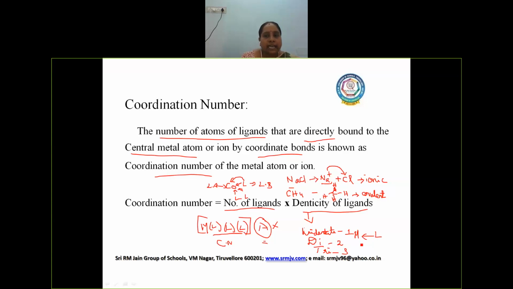If the ligand is didentate, then both donor sites, that means the electrons, will get bound, right? So it has two denticity, two linkages. Okay. So this is how we can use the formula of coordination number, that is the number of ligands and the denticity of the ligand. That is a product of the number of ligands and the denticity of the ligands.